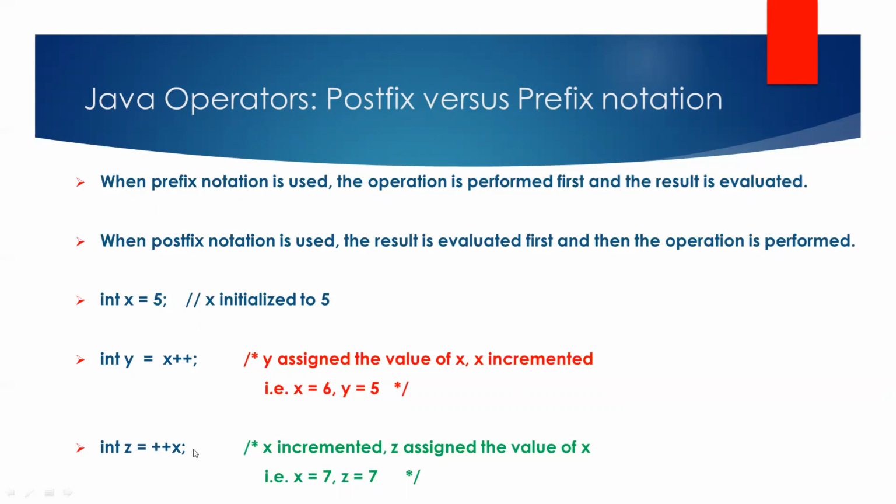So the whole result of this expression is 7 and will be assigned to z. So in this case, x will be 7 and z will be 7. This is the way that postfix and prefix notation works. Okay, I hope this postfix and prefix is also clear.